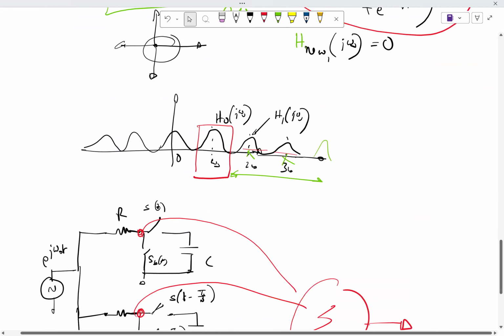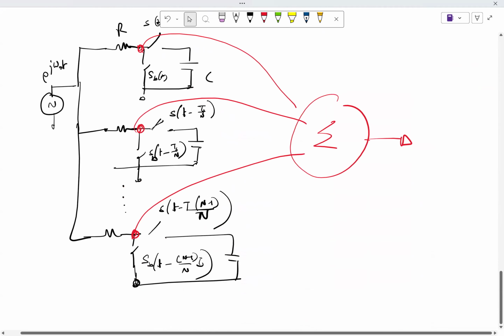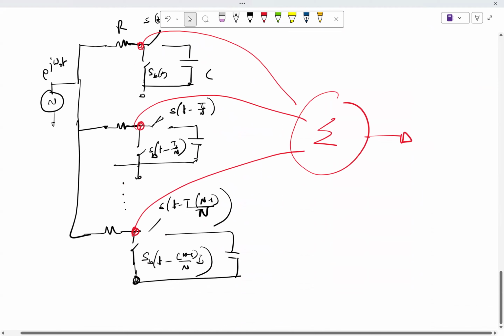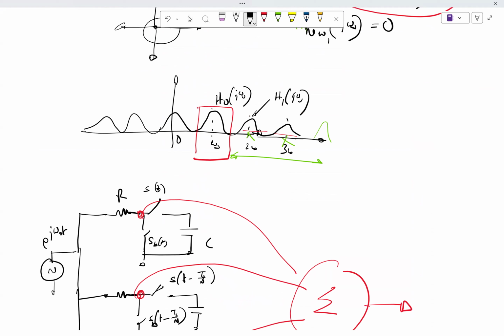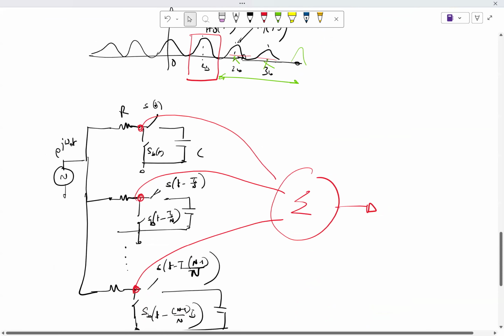So without using any bandpass filter, we can remove the sideband. You are actually getting rid of H1 of j omega s, isn't it?